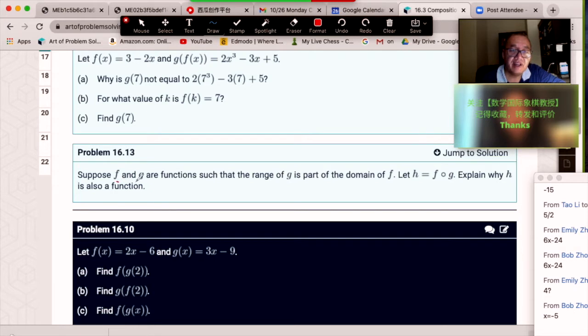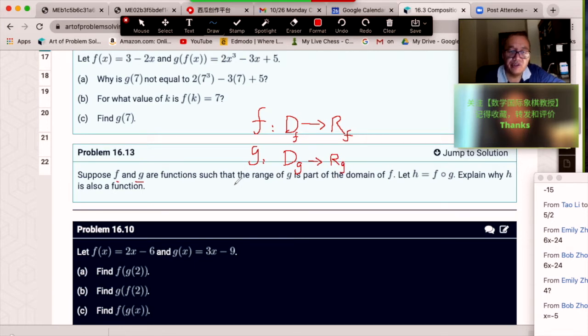Here, f and g are both functions such that the range of g... So if f is a function from its domain to its range, it's like this, right? Say g is also a function. So this is the domain of f to the range of f. This one is the domain of g to the range of g.